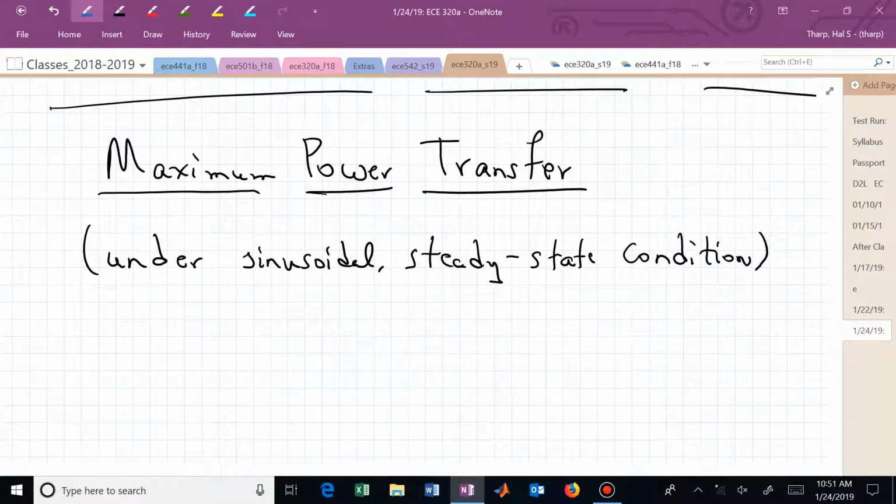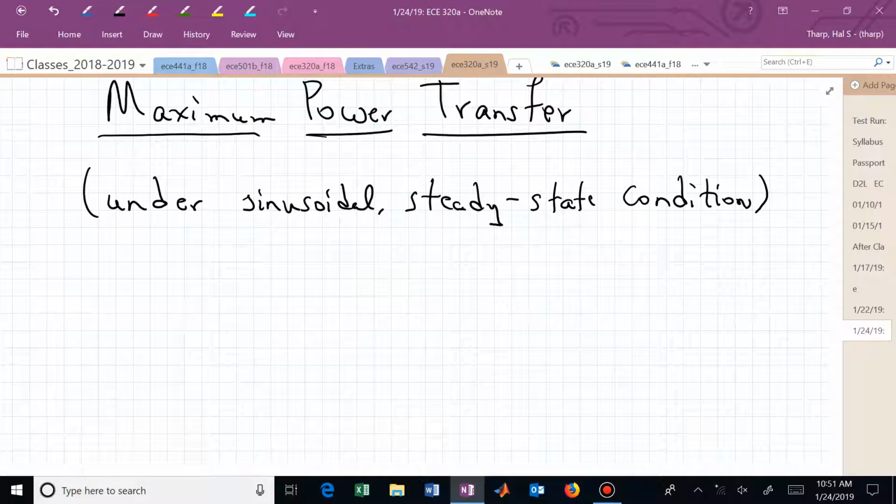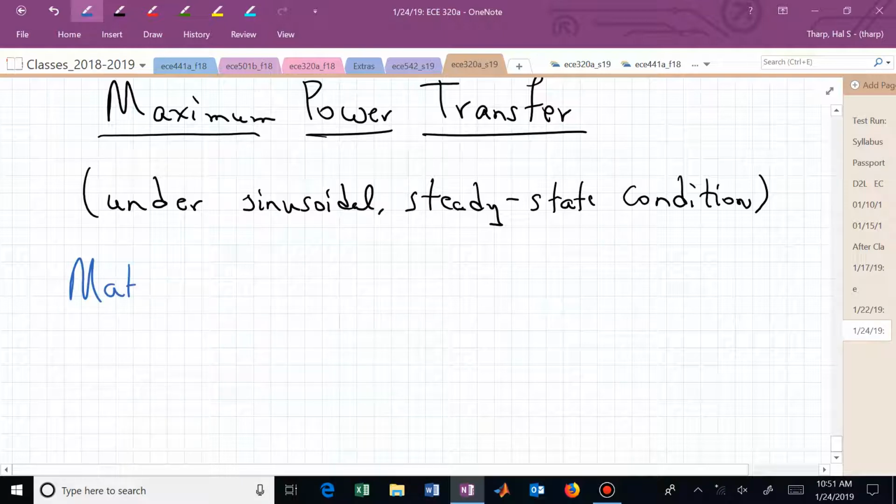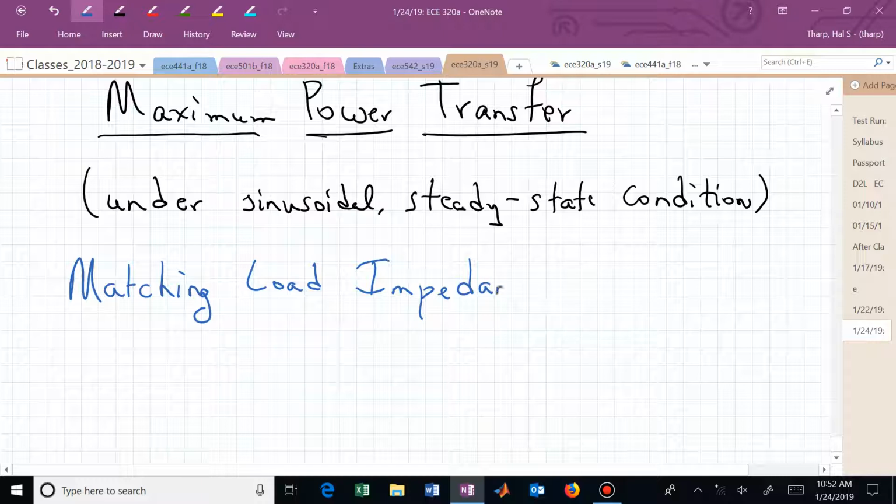You've probably, I hope, seen maximum power transfer before, and maybe you've used it for purely resistive circuits. Now maximum power transfer is really similar. It's just now we want to match the source impedance with the load impedance by making those complex conjugates of one another. If we had the ability to select that load impedance relative to the source, we're matching the load impedance with the source impedance.